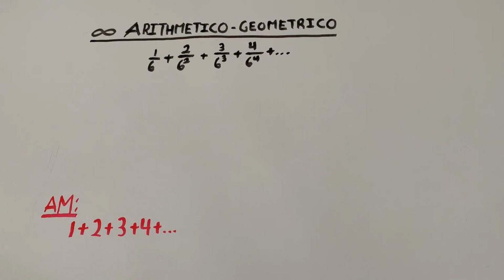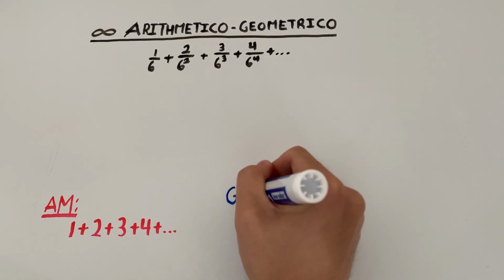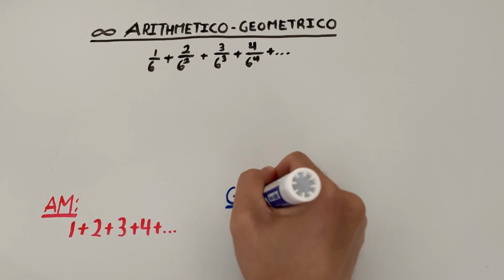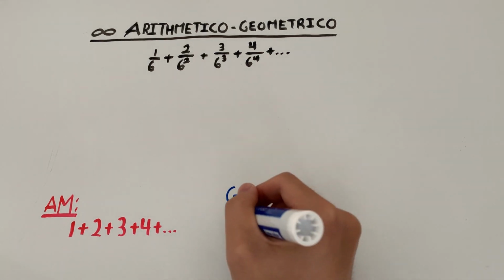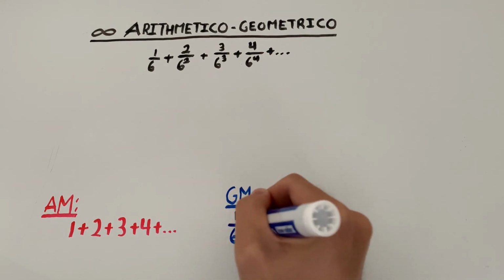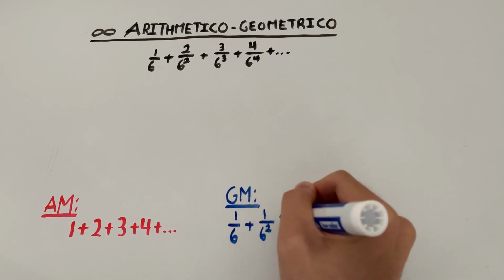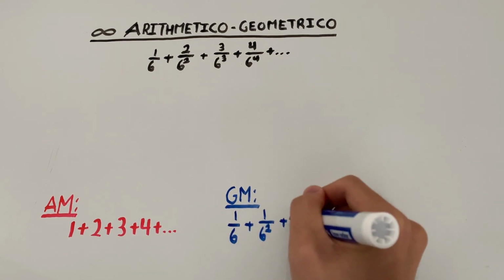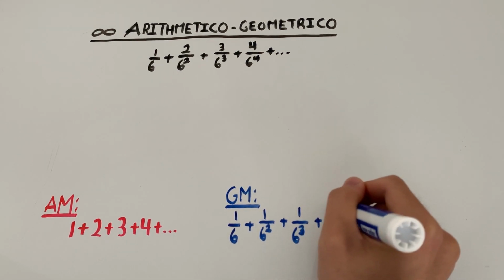Now let's identify the geometric series component. The geometric component would be the denominators, because it goes 1 over 6 plus 1 over 6 squared plus 1 over 6 cubed plus 1 over 6 to the power of 4.